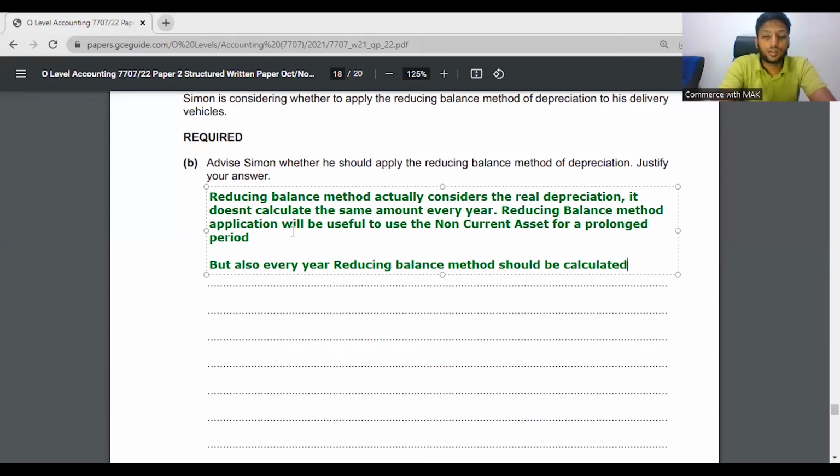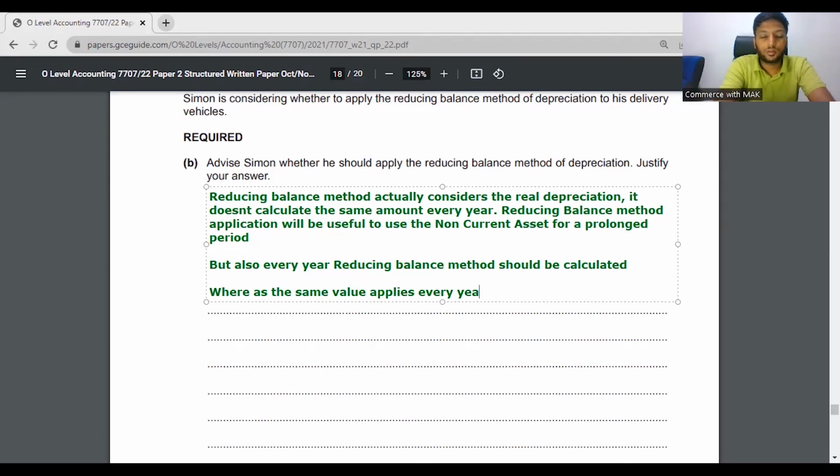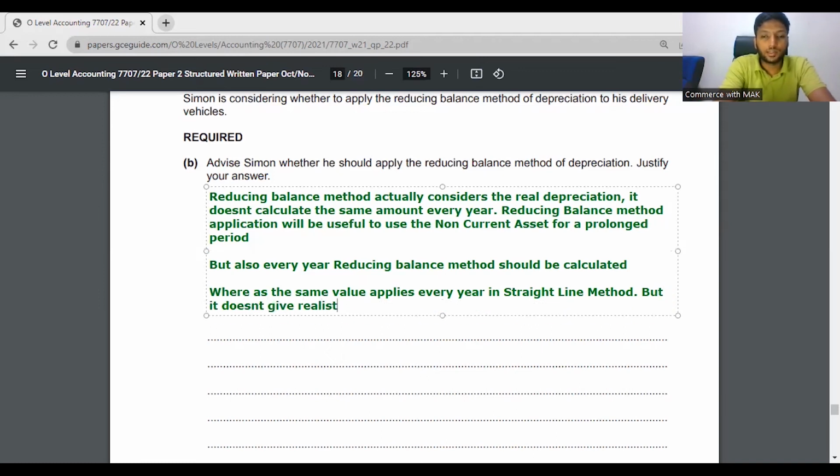Whereas the same value is applied every year in the straight line method. Yes, okay, right, but it doesn't give a realistic value. So these are things you can understand and write.